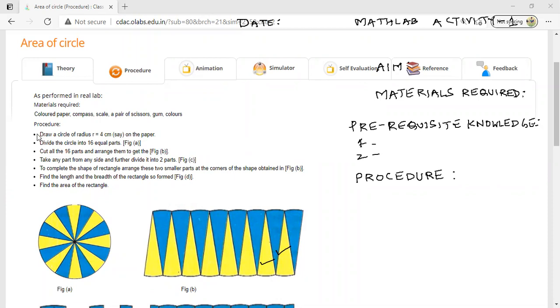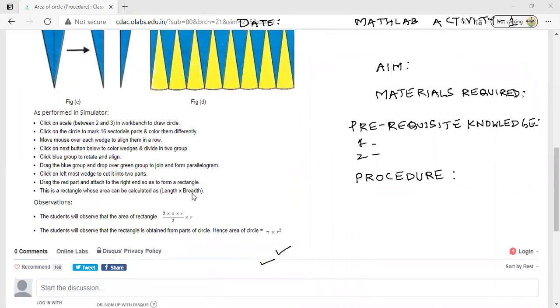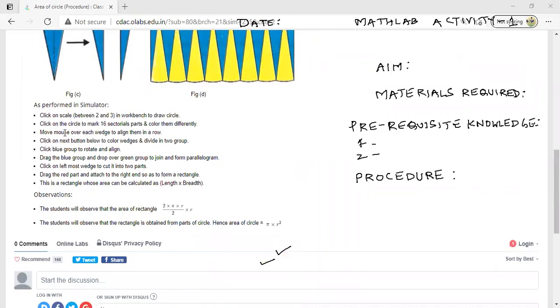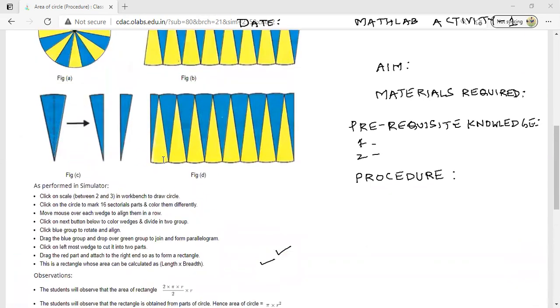One procedure when we are doing the real practical. Second procedure is the simulator, what we are clicking and then we are aligning and then blue color drop over green color and parallelogram like that. So I think no need of that simulator procedure. Okay.